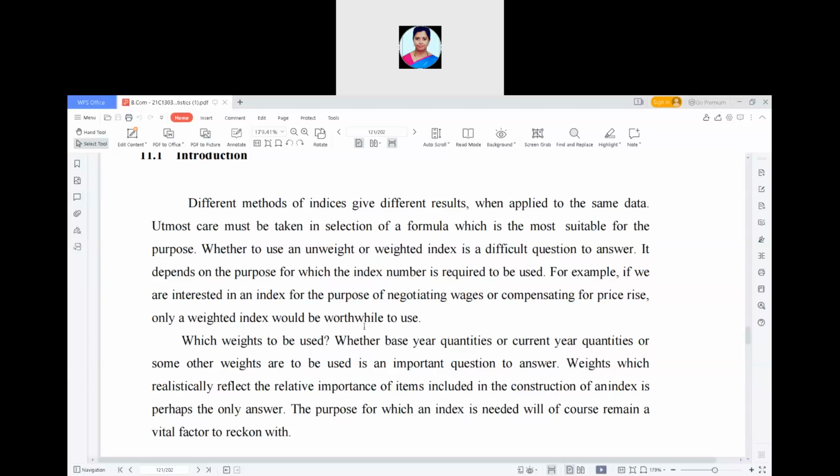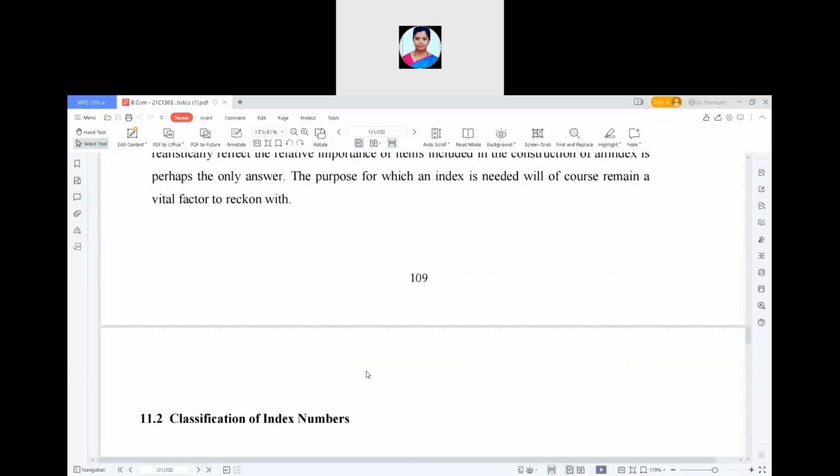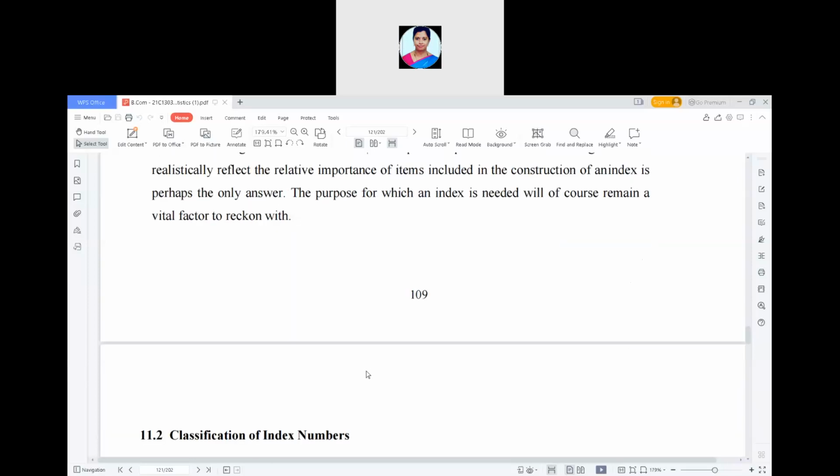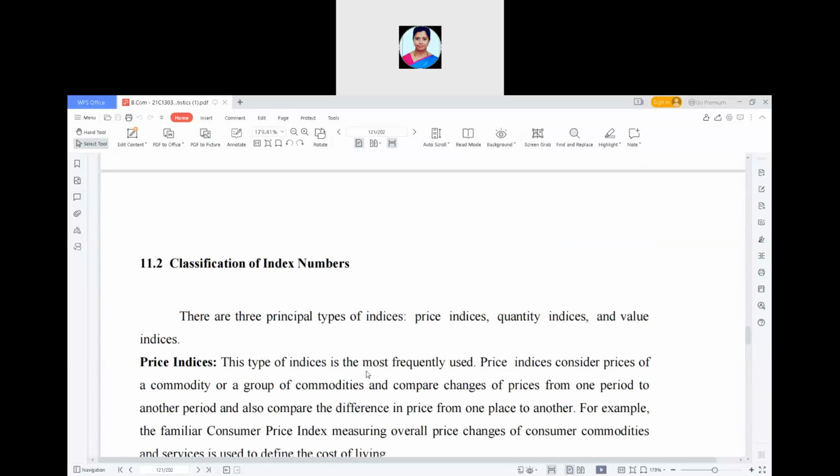The weights should realistically reflect the relative importance of the items included in the construction of an index. This is the basic idea of the weighted index. Next we will see the classification of index number.